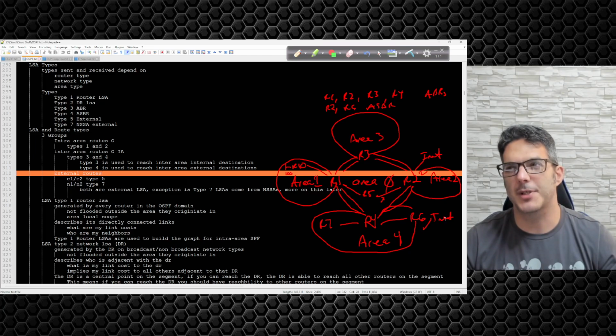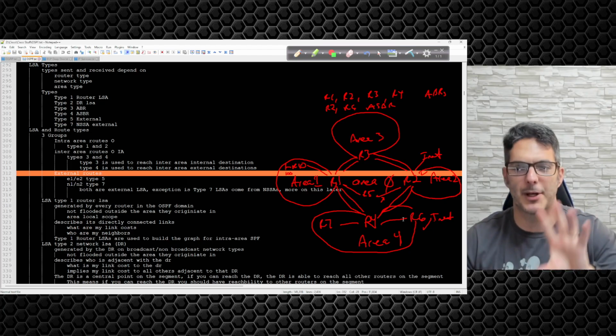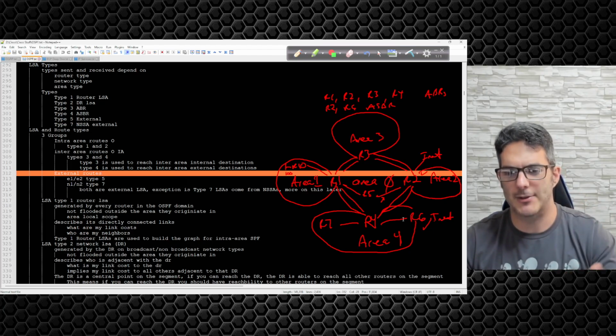If I have an EIGRP connection outbound, if my logic is right, which I'd have to test out, because it's been a long time since I've had to do such a small demo. This is actually a small topology for doing OSPF. I like doing a bigger topology for OSPF because it really drives home the point.